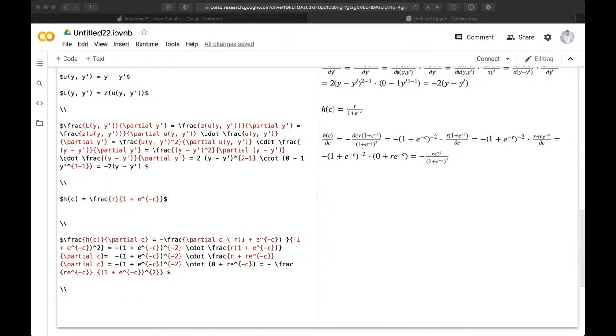Usually people simplify this equation, but I'm just interested in whether it's technically correct. I don't want to simplify it now.